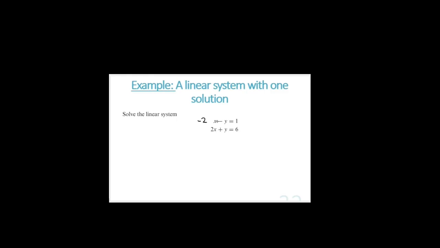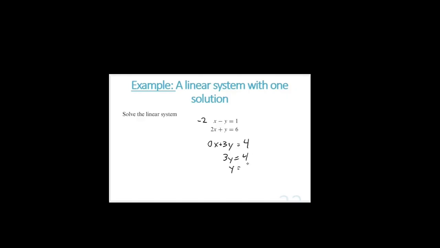So if you had -2x plus 2x, that's going to give you 0x, right? And then you have -2 times -y, that's going to be 2y. What's that going to give you? And then -2 times 1 is -2, plus 6 is going to be what? 4? Is that what we got? So we got 3y equals 4? So y equals what?